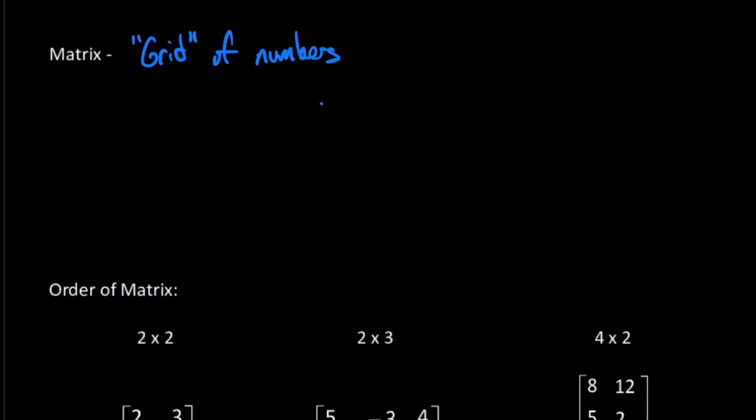I'm going to use some abbreviations. Row 1, column 1. Row 1, column 2. Row 1, column 3, and so on up to row 1, column n. Next, row 2, column 1. Row 2, column 2.